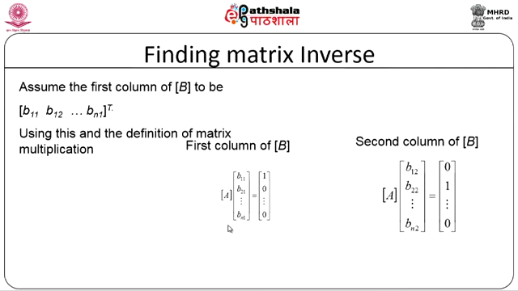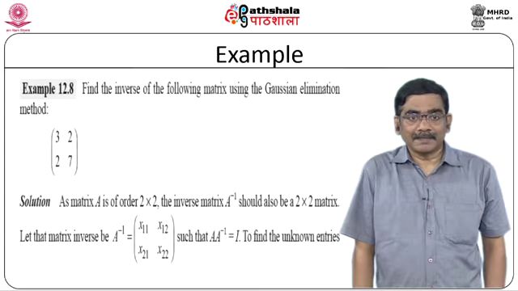I have the first column of B as 1 0 0, the second column as 0 1 up to 0. These are the various columns of the identity matrix, and I can use the Gaussian elimination to find the unknowns, and I can substitute that to get the inverse matrix.